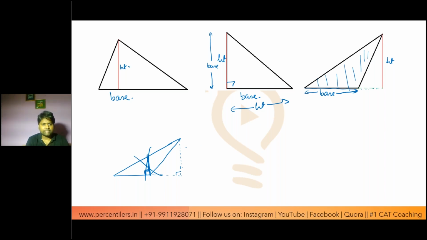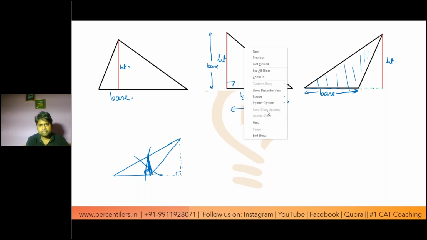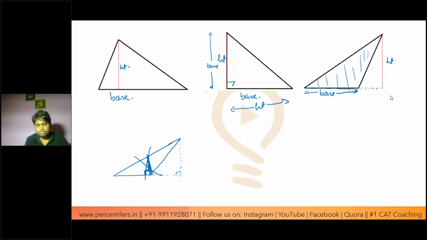Yeah, this one is from opposite vertex, but this is not. ये opposite vertex नहीं है. हाँ, इसमें क्या हो? इसमें कौन सा? हाँ, ये opposite vertex है. Vertex means the corner where two sides meet. अगर आप यहाँ से perpendicular बनाओगे, it doesn't meet the vertex, right? Vertex is this. Perpendicular should come from here.